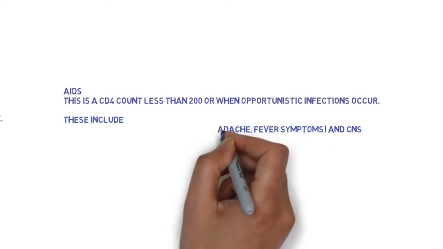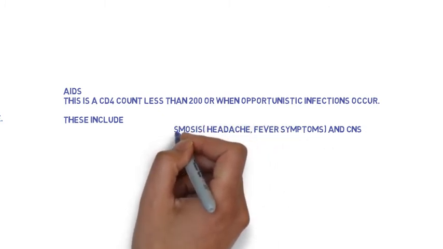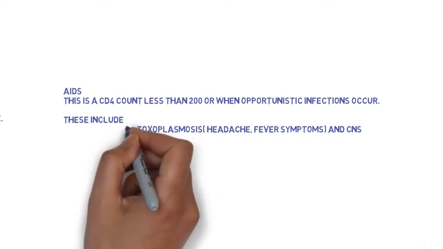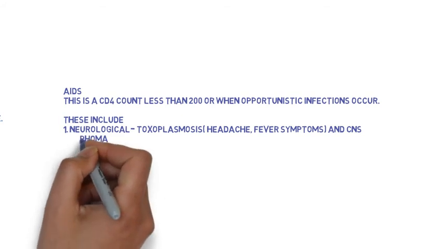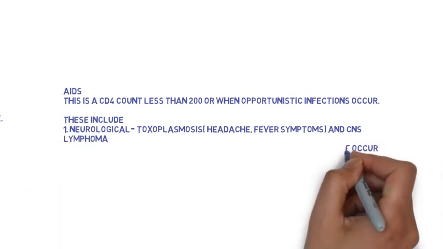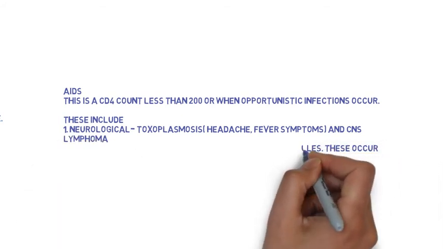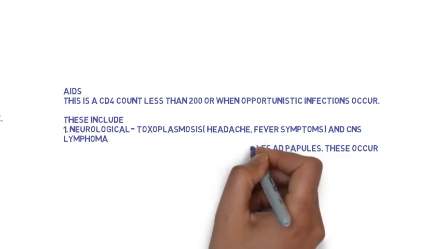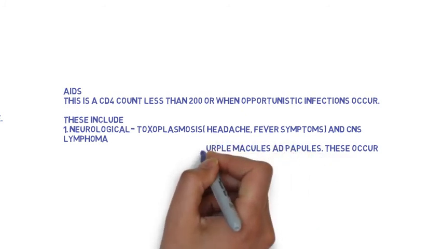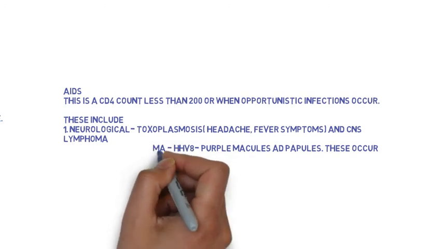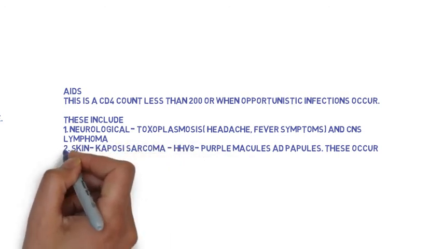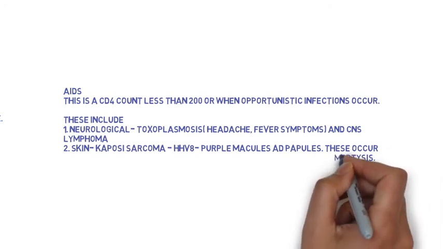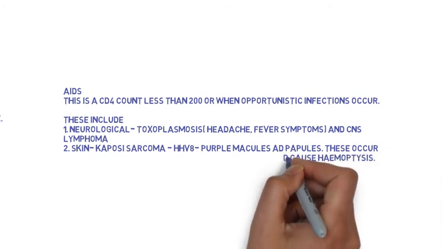AIDS is the last stage of HIV, and hopefully now in the modern day and age we should see less people progressing to AIDS due to effective treatment. But when AIDS occurs, the body is more vulnerable to a variety of different infections.